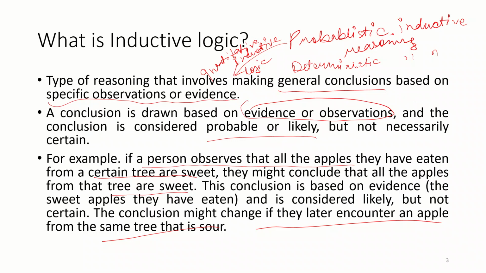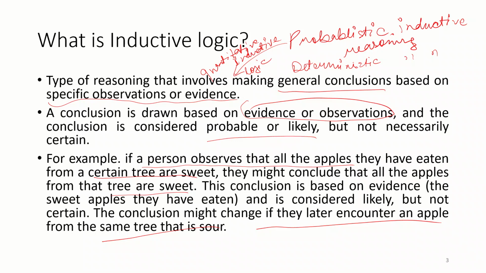All the apples we are seeing, that is a hypothesis, that is a premise. After testing, there are 100 apples, and it is possible that 5 or 10 apples will not be sweet. So it's like inductive logic.